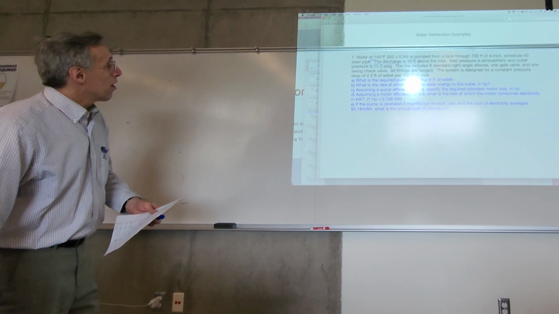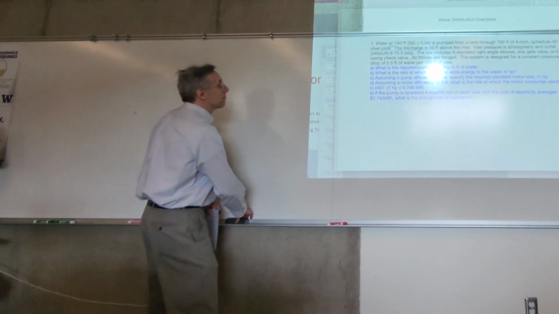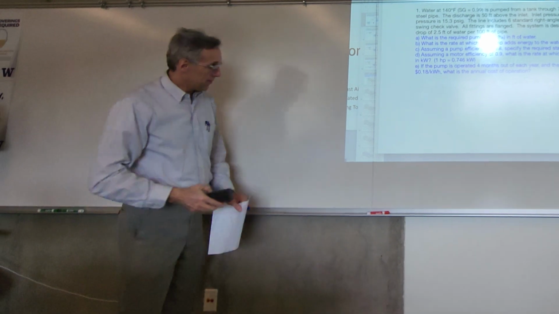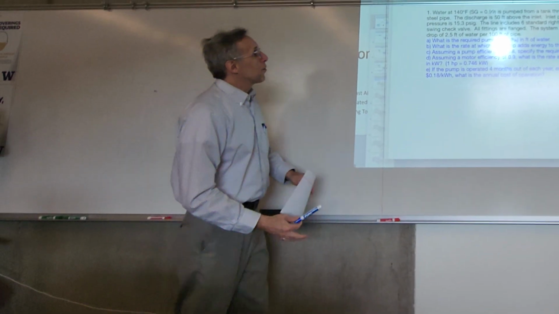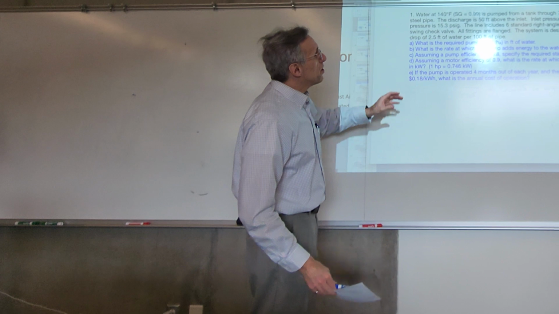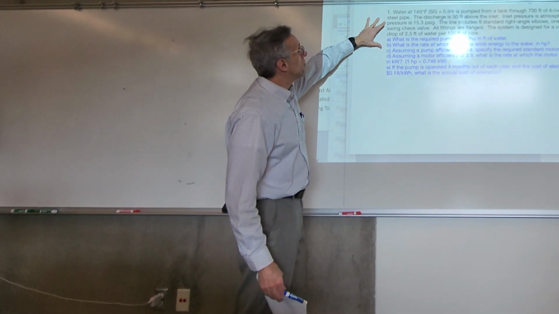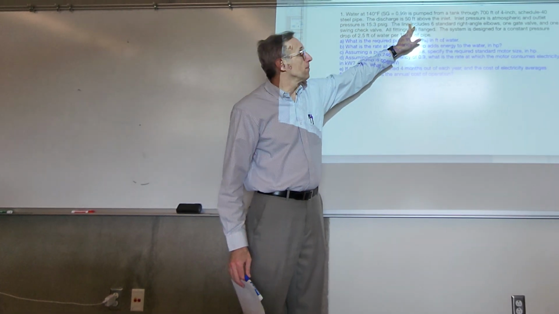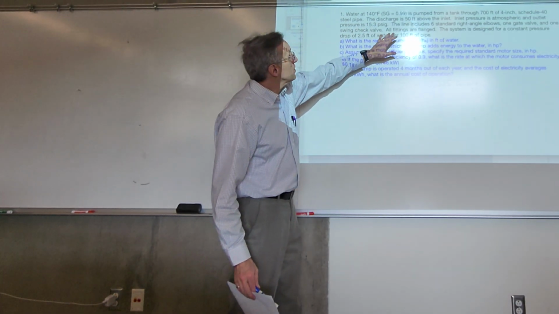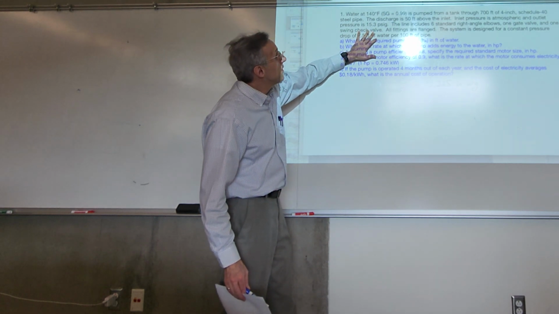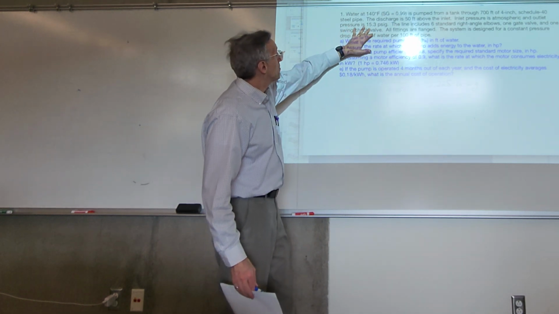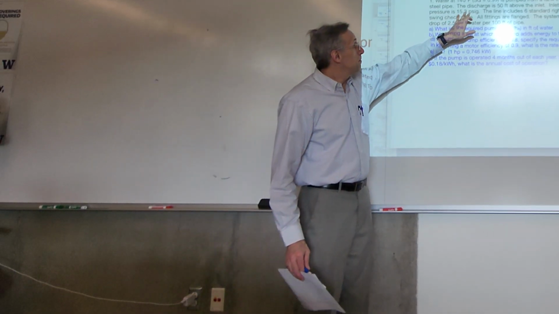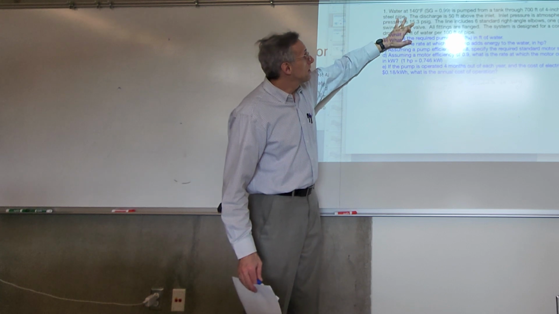Okay, so we have water at 140 degrees, so specific gravity is 0.99 at that temperature. We're pumping it from a tank through 700 feet of 4-inch Schedule 40 steel pipe. We're lifting it 50 feet, and the inlet is at atmospheric pressure, the outlet is 15.3 psig, so 15.3 psi higher than atmospheric.